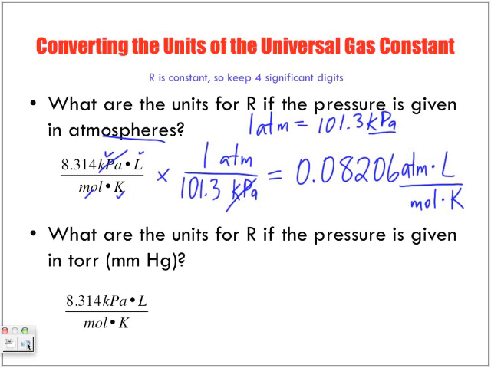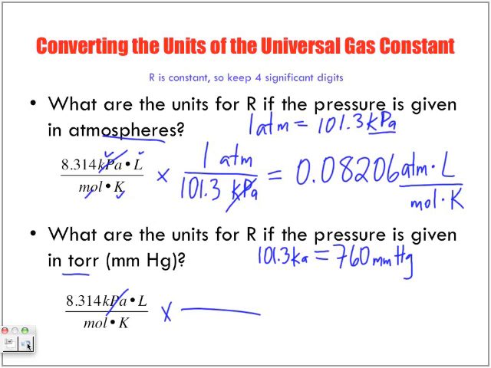So this is if you're given your pressure in atmospheres. But now what happens if you're given your pressure in torrs? Same thing, we're multiplying. Kilopascals are the units of pressure we want to remove. But we know that 101.3 kilopascals is equivalent to 760 millimeters of mercury, our torr unit.